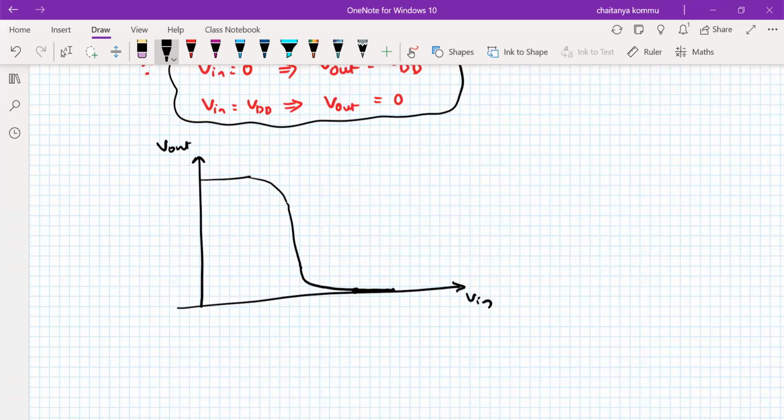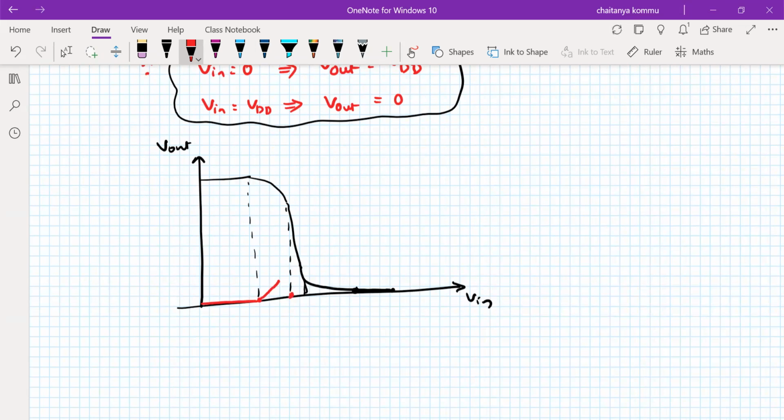Okay, so at this point of time, what is the current characteristics that we observe at these four regions? Here the current is equal to 0 because one transistor is on, another transistor is off. Since it is a series connection, there is no current flowing. But in this particular region the current will flow, because both NMOS and PMOS transistors become on.